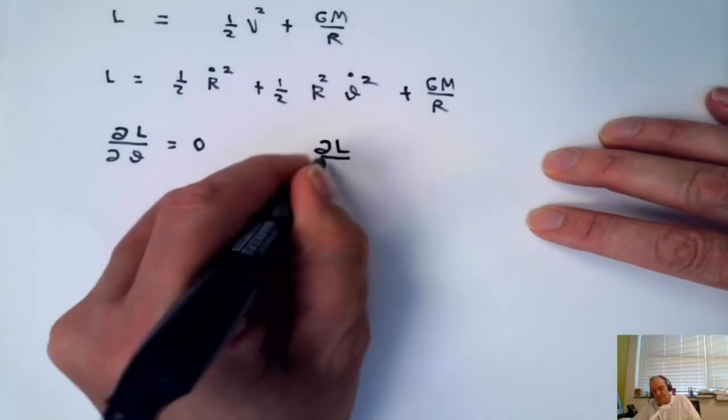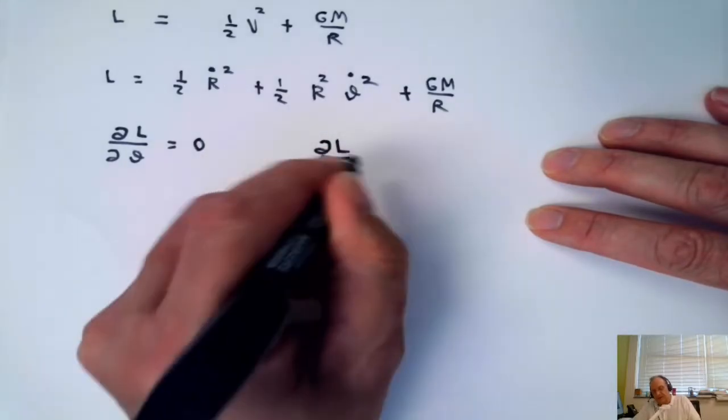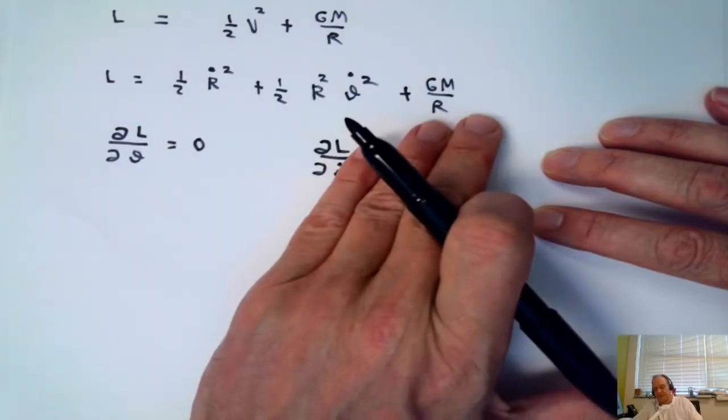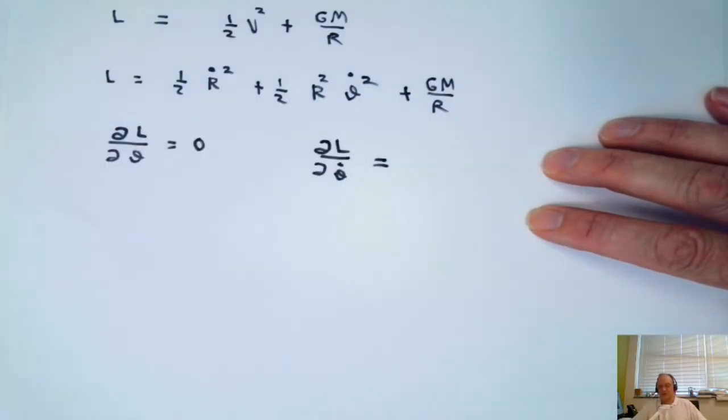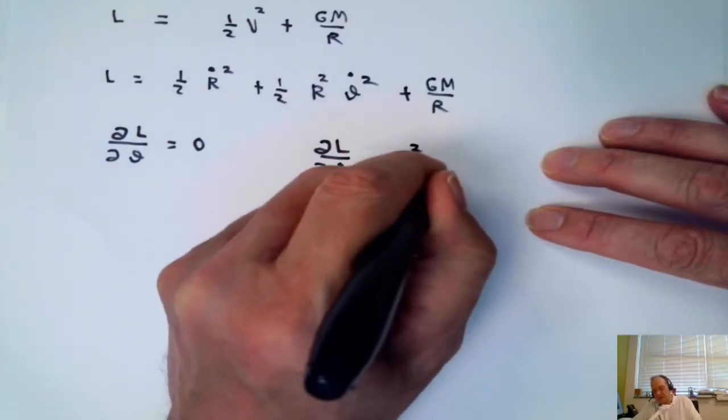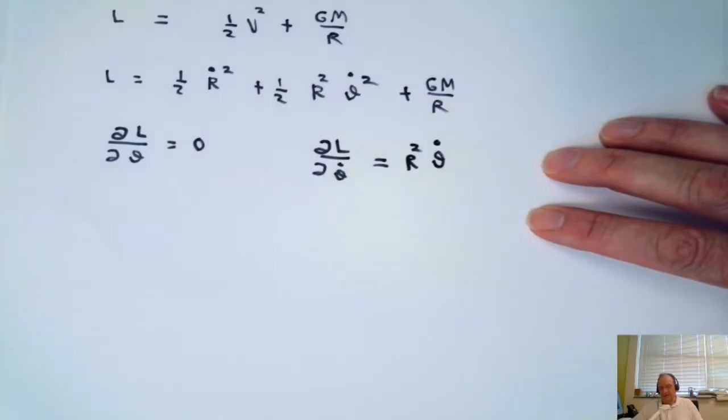Partial of L with respect to theta dot: 1/2 r squared will be treated as a constant factor. The derivative of theta dot squared with respect to theta dot is 2 theta dot. That will cancel the 1/2 out and give me r squared times theta dot.